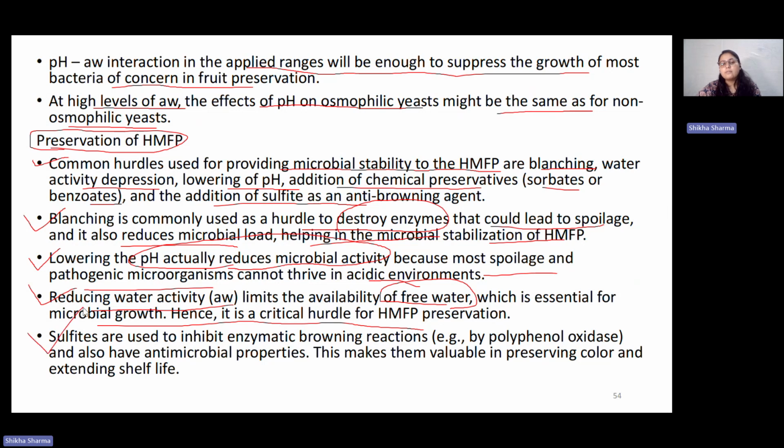And then the sulfites can be used to inhibit the enzymatic browning reactions by polyphenol oxidase, and they can also have antimicrobial properties. This makes them valuable in preserving the color and extending the shelf life.